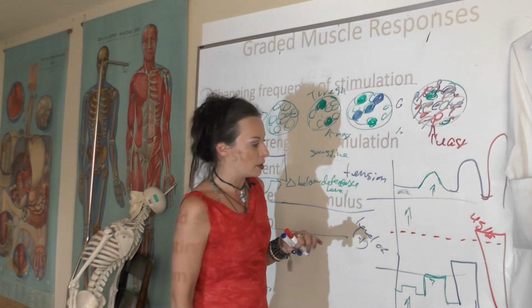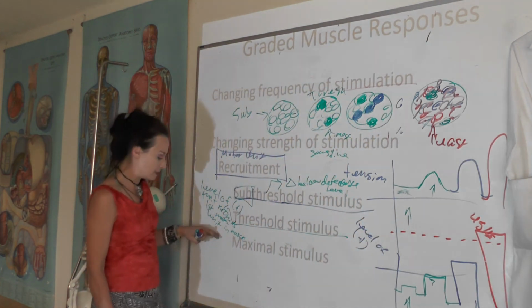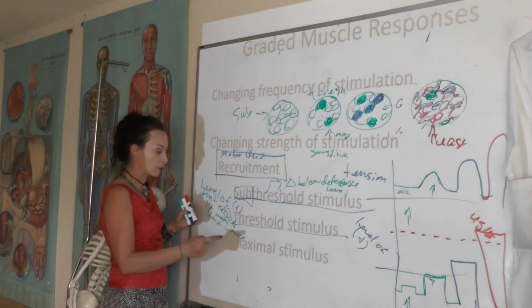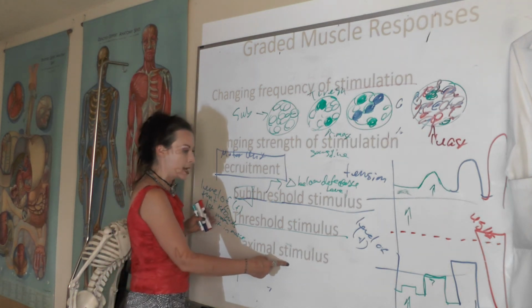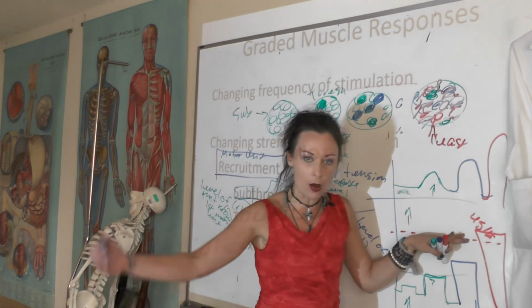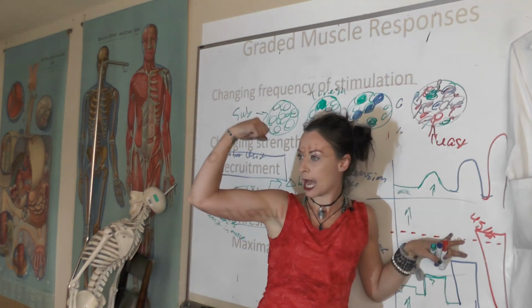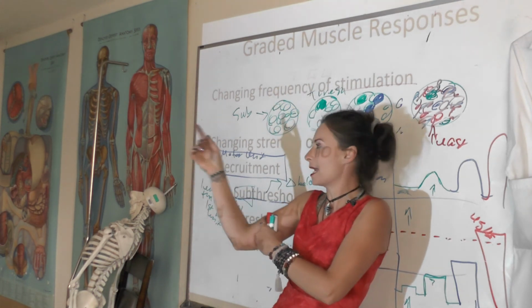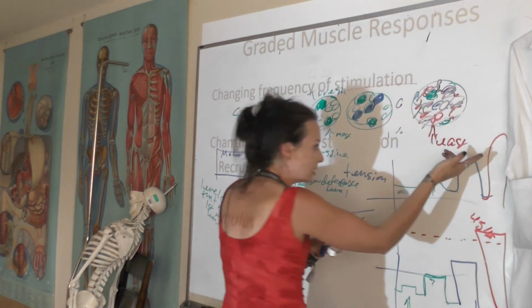The answer is no. So my maximal level of stimulus is the level of stimulation that's going to recruit every motor unit. So now if that's 45 pounds for my biceps brachii, and I hit it with 50 pounds, I can't generate any more tension here.